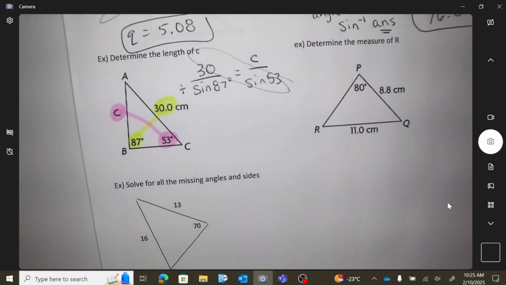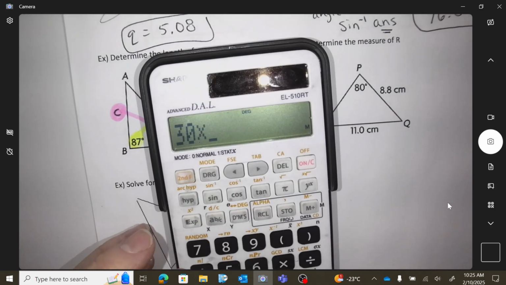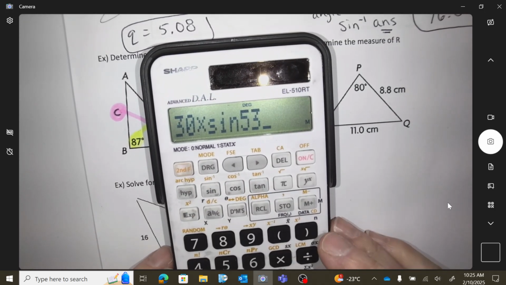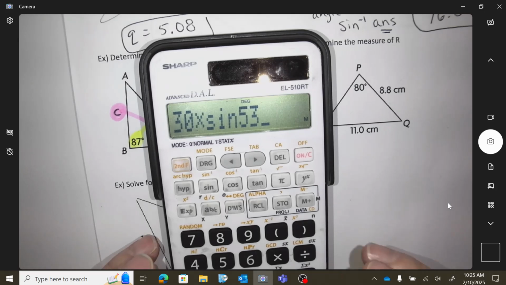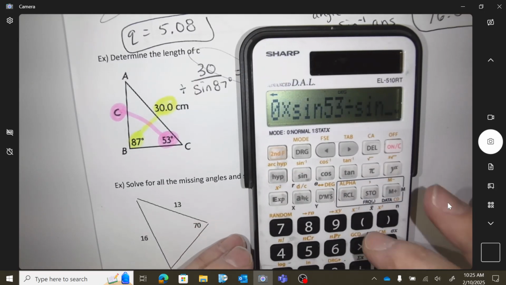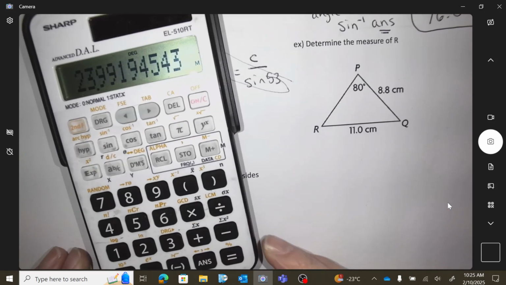Divide by the third item. Am I pushing sine inverse or no? No. Why am I not pushing sine inverse? Because I'm figuring out a side. So 30 times sine 53, divide by sine 87.